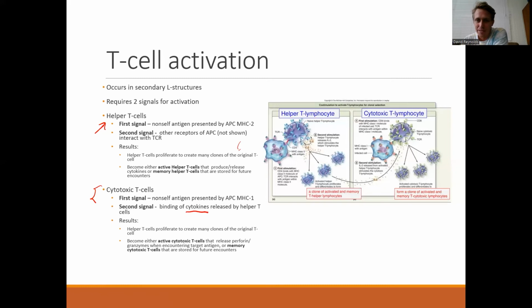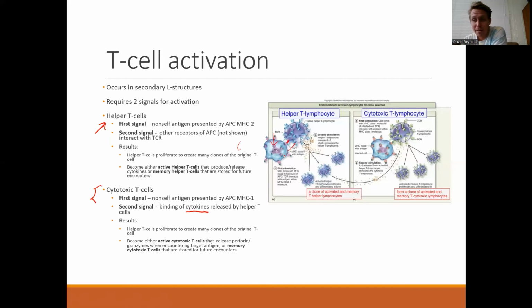All right. So again, just breaking this down, with the helper T cells, the first activation is from the binding of the antigen and the TCR. The second activation is from other receptors on the APC binding to that helper T cell. This allows that helper T cell to know, one, this antigen exists that I know how to find. And this antigen was presented to me by one of these dendritic cells or one of the other APCs.